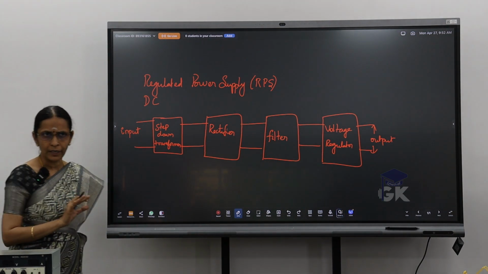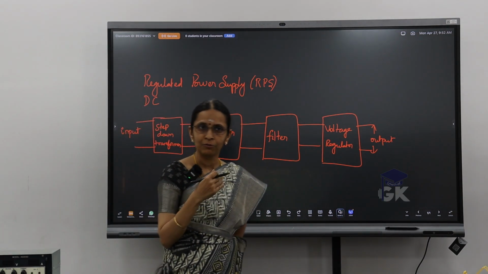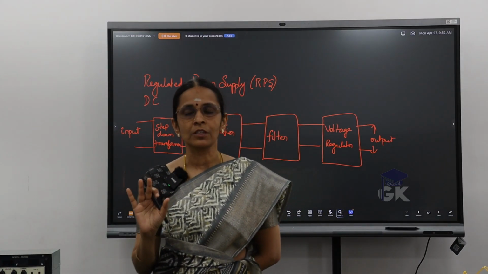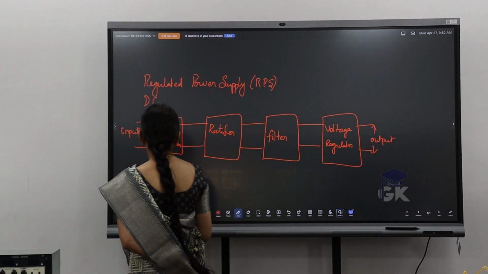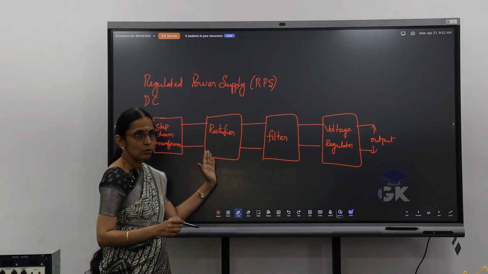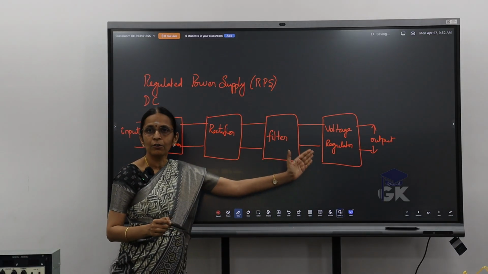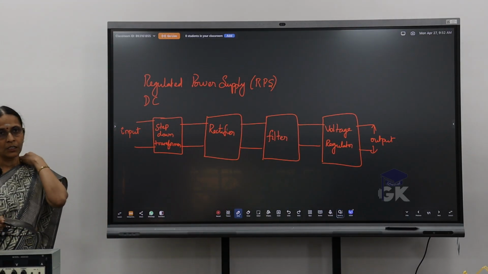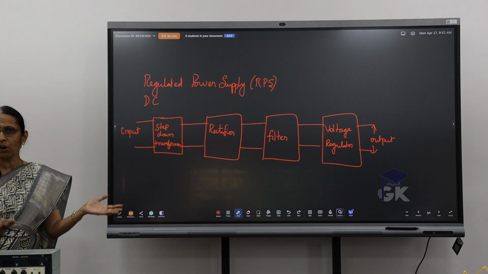So in simple terms, these are the various blocks. Of course, it's much beyond that, but in simple block diagram level, if you see, there are 4 different blocks. Step down transformer, then you have your rectifier, followed by filter, followed by the voltage regulator. Now, to the step down transformer, the input given is the normal AC input.